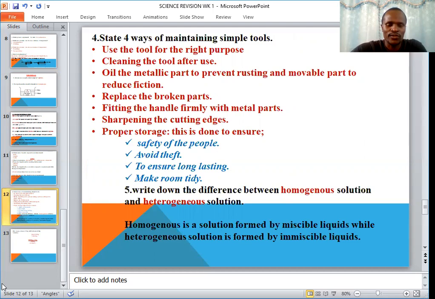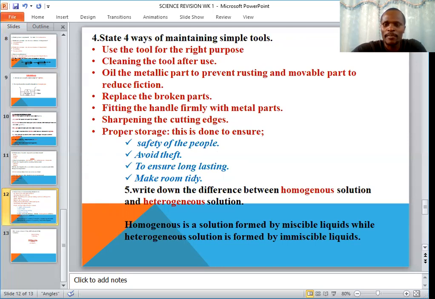Why do we do proper storage? We do proper storage to ensure that our tools are safe, and that they provide safety to the people. Don't just put the panga next to the door where people are entering the house. Some of these tools are very sharp and they may cause accidents when not stored properly.